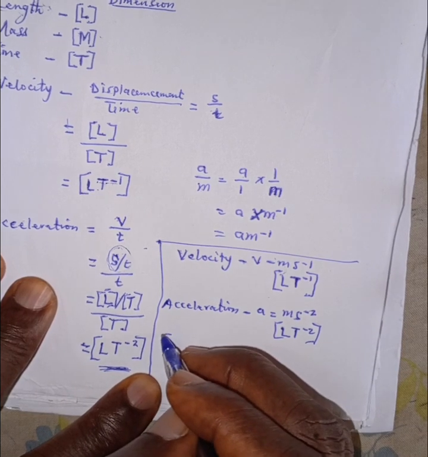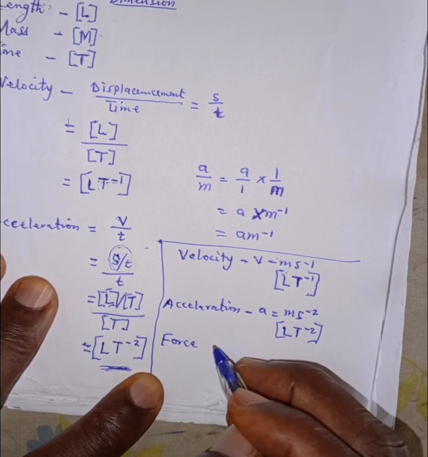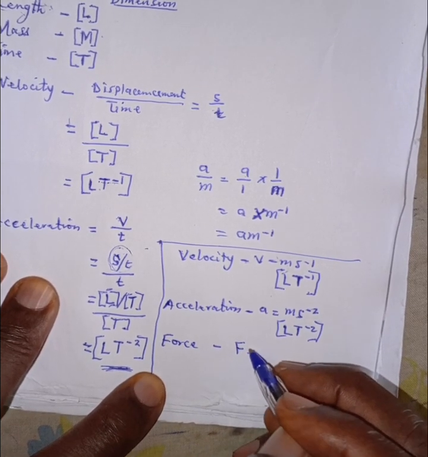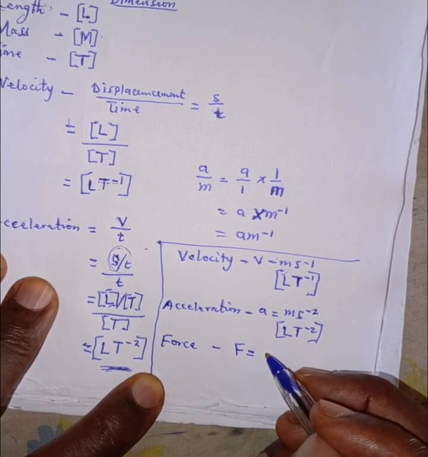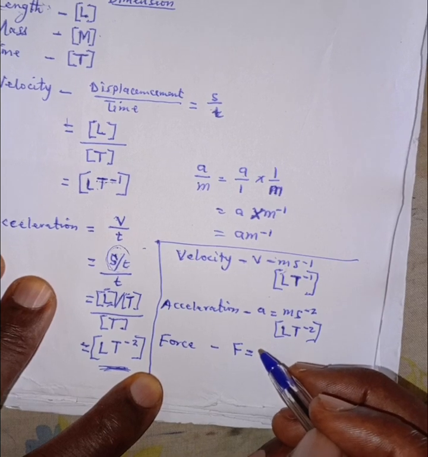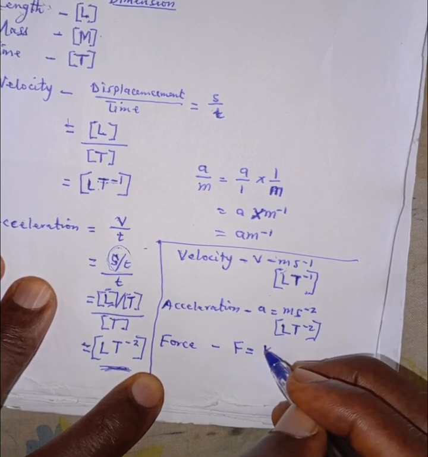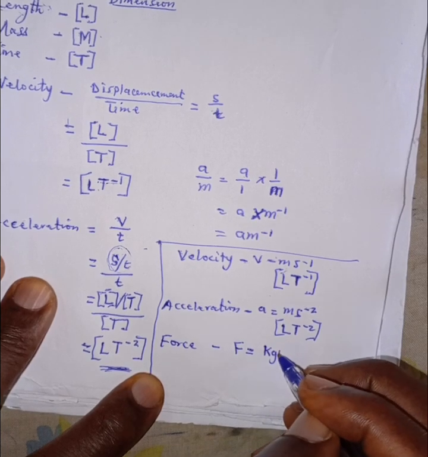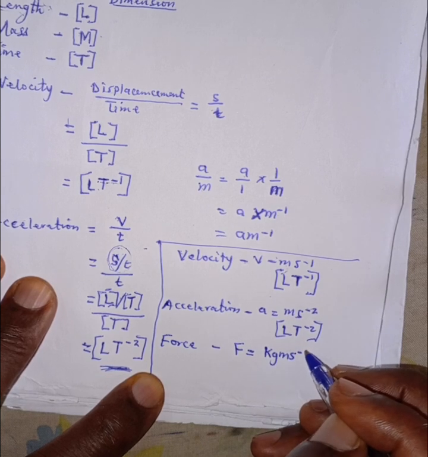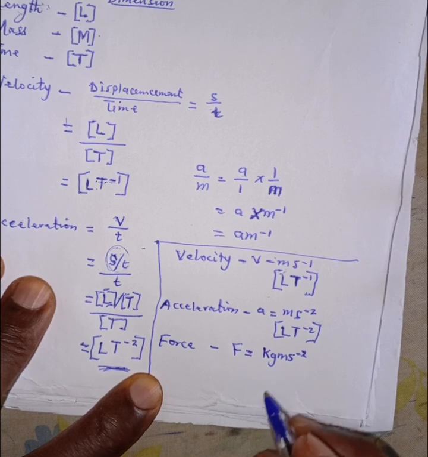Let's look at the dimension of force. The dimension of force, F, is equal to, this time we are not going to use Newton as the unit, but another unit that is very practical for us to use. That is kilogram meter per second squared.